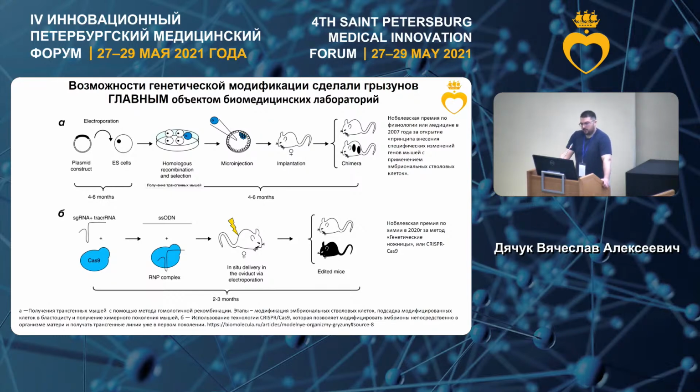For that mechanism, the Nobel Prize was awarded. And the second very popular means of getting transgenic animals is CRISPR-Cas. Last year, for that method, also called genetic scissors, the Nobel Prize in Chemistry was awarded.